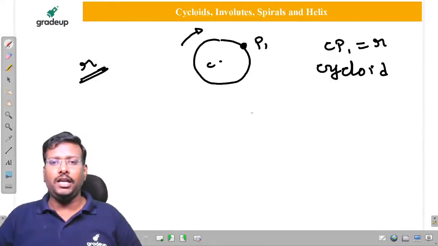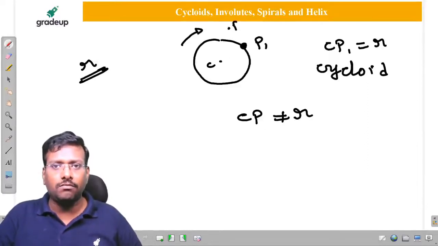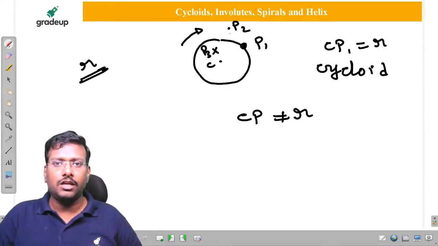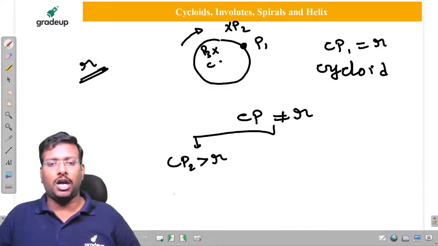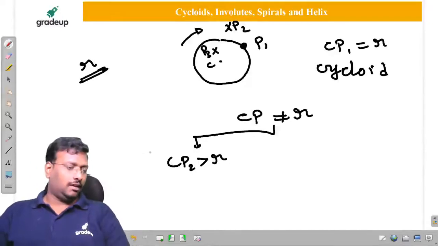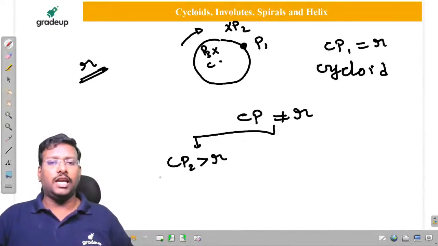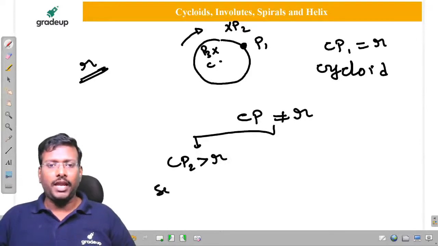If the point is not on the circumference of the circle, not equal to r, it may be greater, P2, or less, P3. These are the points we are considering. If CP2 is greater than small r, then it is outside the rolling circle, and it is called superior.